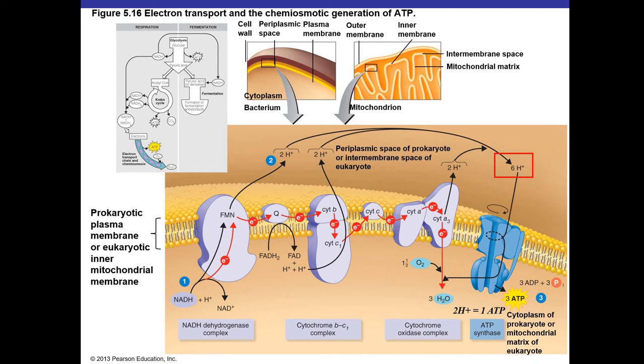So for FADH2, it can only generate 4 protons. Therefore, it can only generate 2 ATP. So that's why the exchange for every 1 FADH2, we can only generate 2 ATP because we're only making 4 protons.